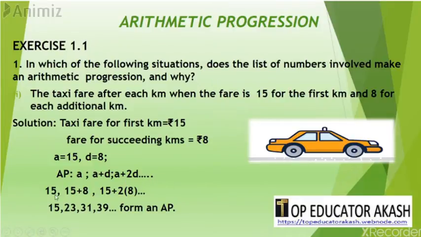So the first term is A, 15, and A plus D, that is the second term, 15 plus 8. Now the third term A plus 2D, that is 15 plus 2 into 8. Here forms an AP: 15, 23, 31, 39. It is forming an AP because there is a common difference of 8. Now next question.